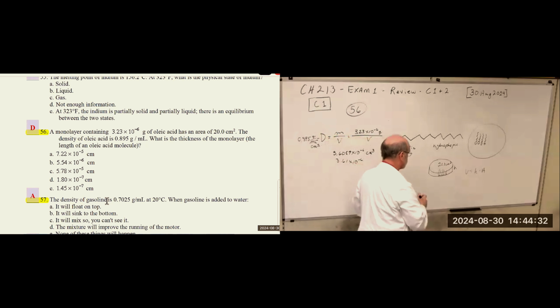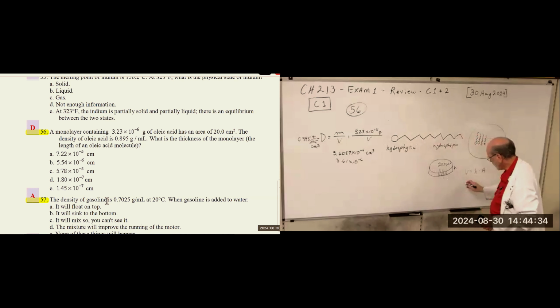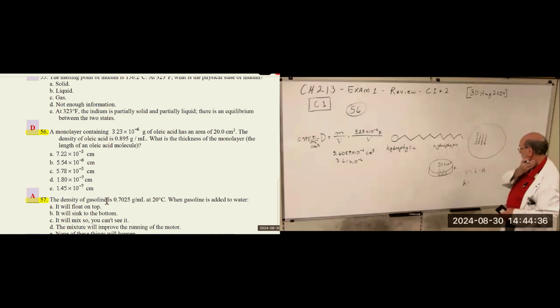Now that we know that volume, if we solve for height, which is the length of the molecule, we have volume divided by area. The volume is 3.61 times 10 to the minus 6 cubic centimeters, divided by area, which is 20.0 square centimeters.